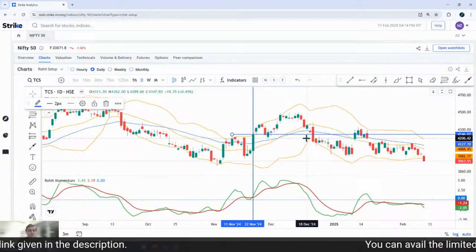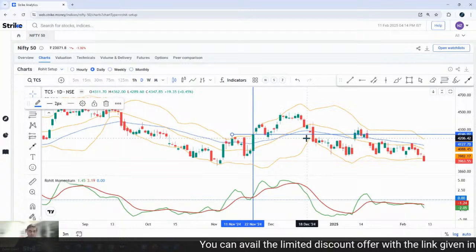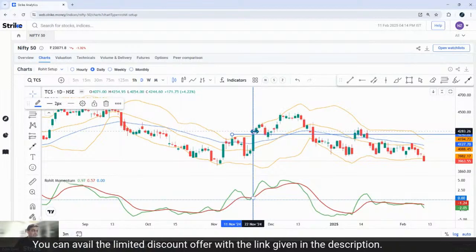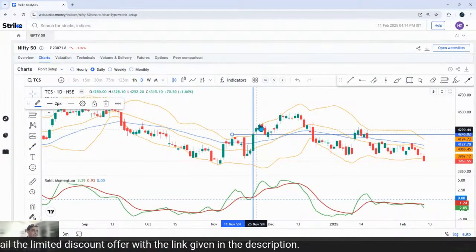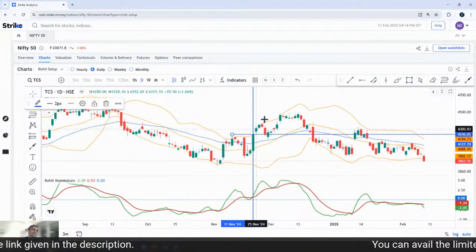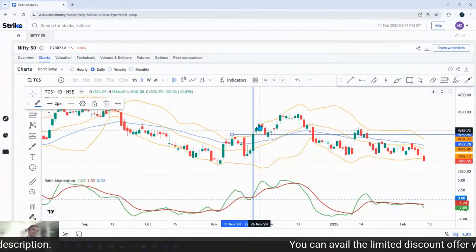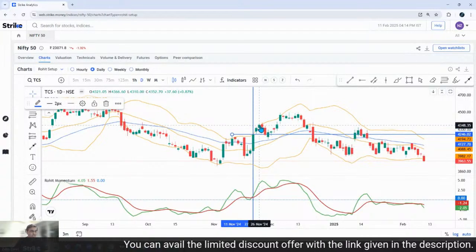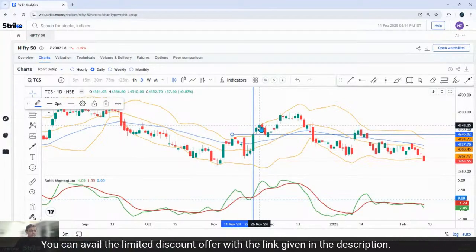Don't use it for more days. Don't hold on to stock options, long options, for more than 1 or 2 days. Okay, it's a very short term thing. So in these 2 days, when you got these two green color candles, the call option buyers would have benefited a lot from these 2 days over here. Okay, so it's a very short term strategy when you are option buying.